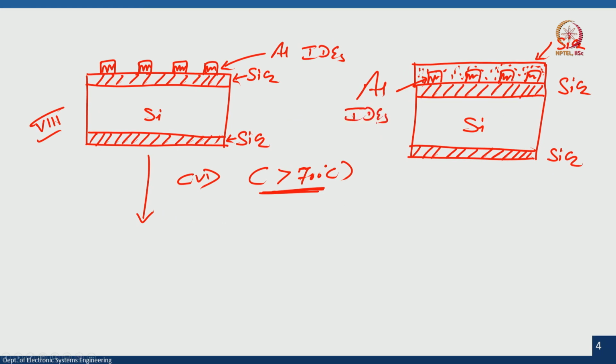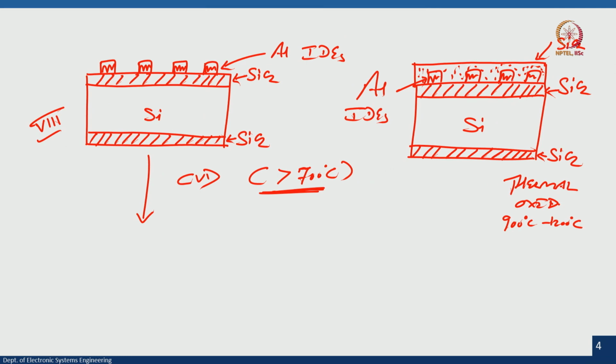But as you know, this silicon dioxide using thermal oxidation, the temperature is 900 to 1200 degrees centigrade.